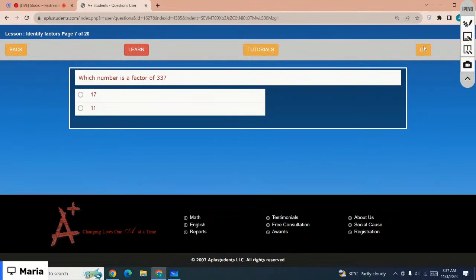Okay, which is a factor of 33? Which is the correct option? That is 11. The correct option is 11.